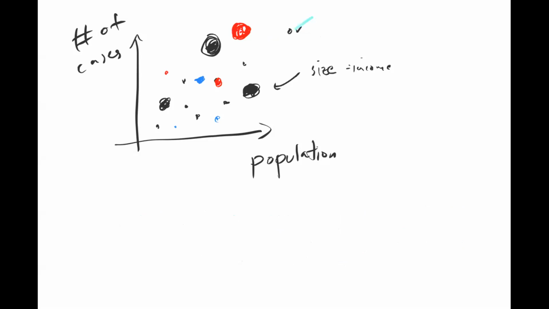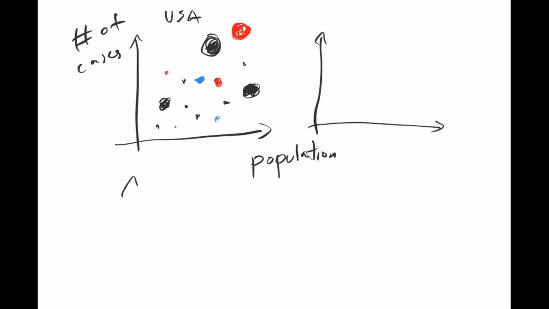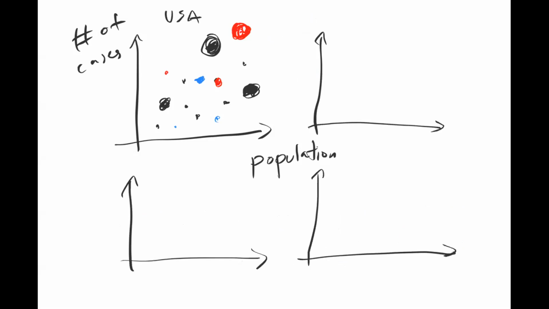So let me erase some of this to make some room. There's functionality in ggplot that would let you add what are called facets for other countries. And so this might be like China, France, Germany, and you can do this automatically all from one data set.